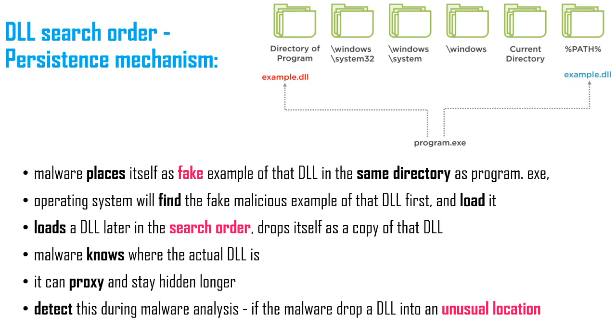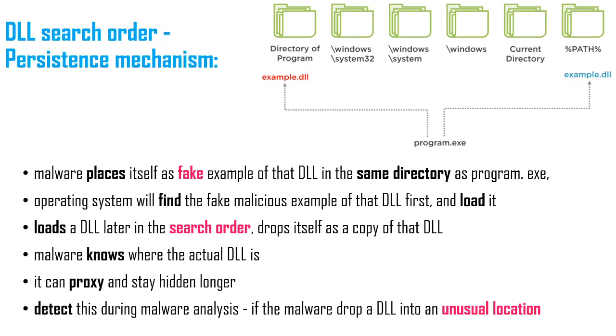The operating system will find the fake malicious DLL first, and it is loaded with program.exe. It drops itself as a copy of that DLL. So the malware knows where the fake DLL is, it can proxy and stay hidden longer, and it achieves persistence.